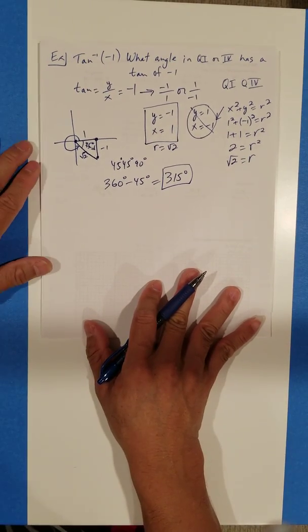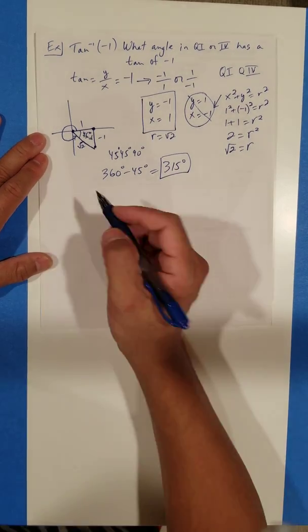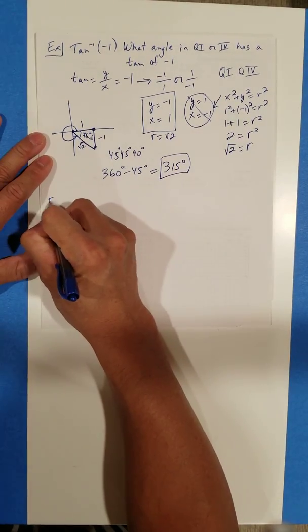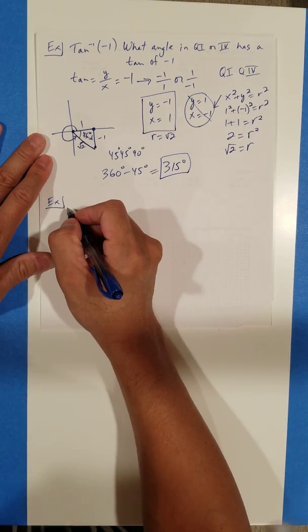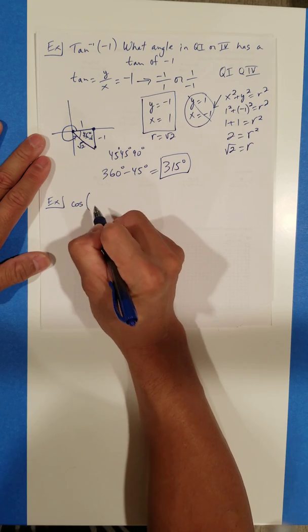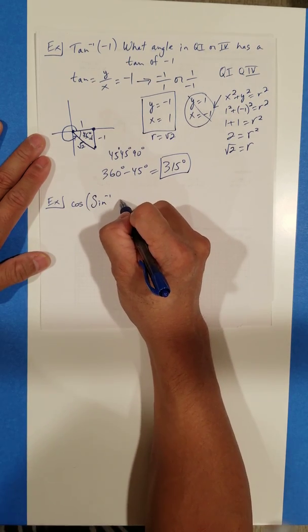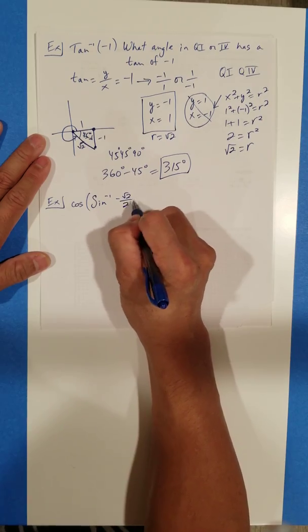All right. So let's do another one, a little bit more complicated. A little next level. This one is going to say cosine, parentheses, sine inverse of negative radical 2 over 2.